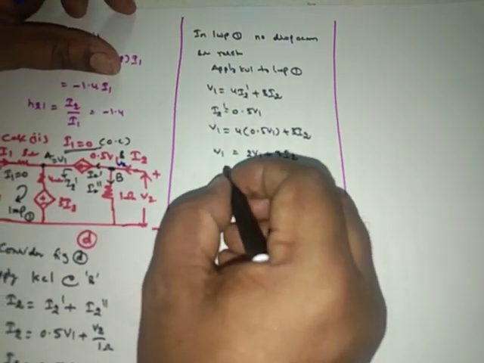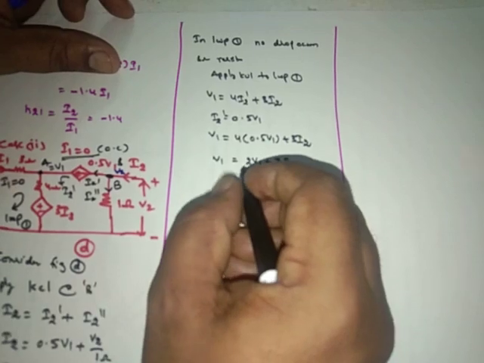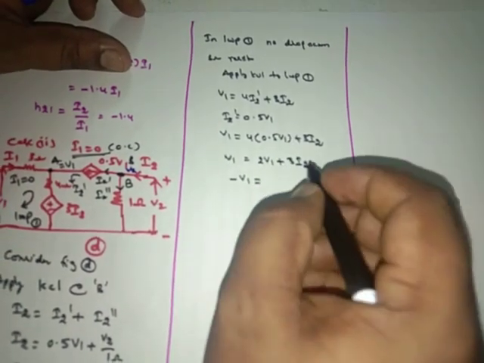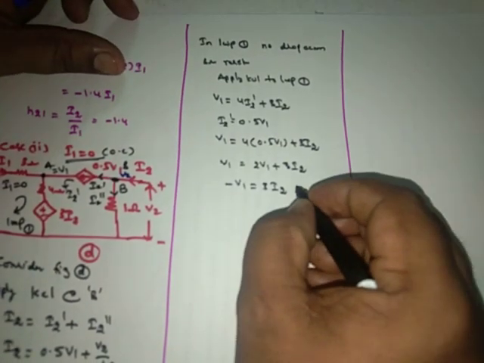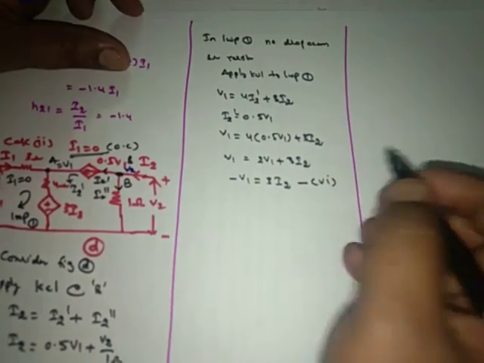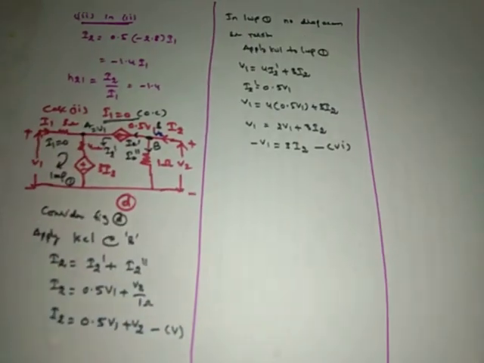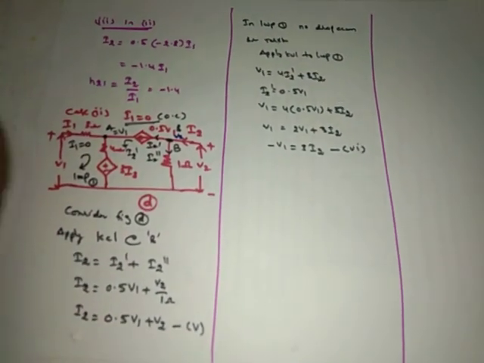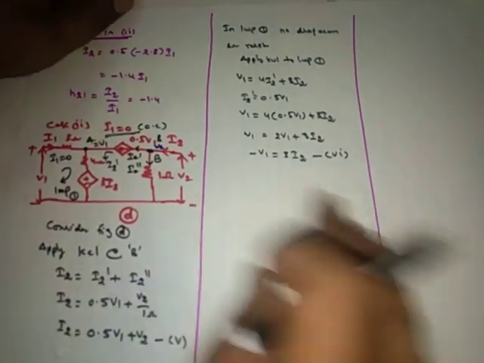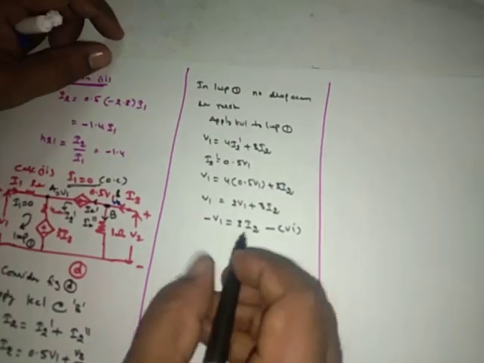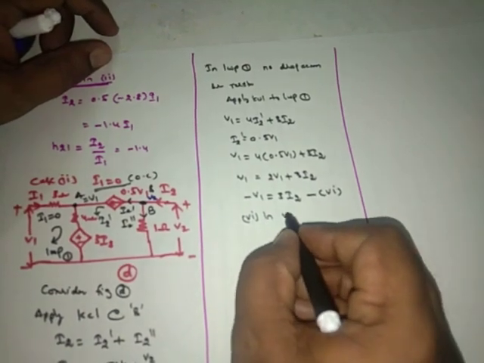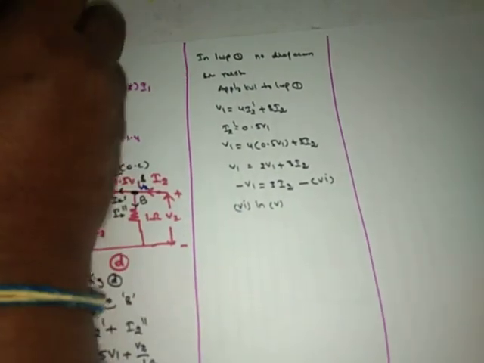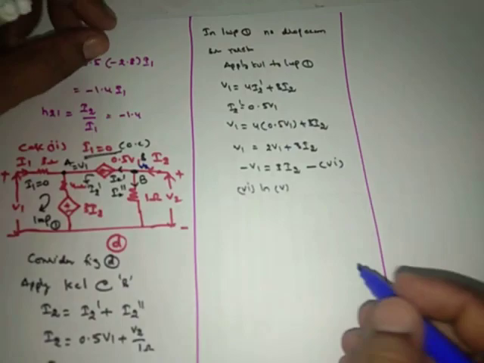So from this, minus V1 is equal to 3 I2. This is equation 6. Then again put 6 in 5.